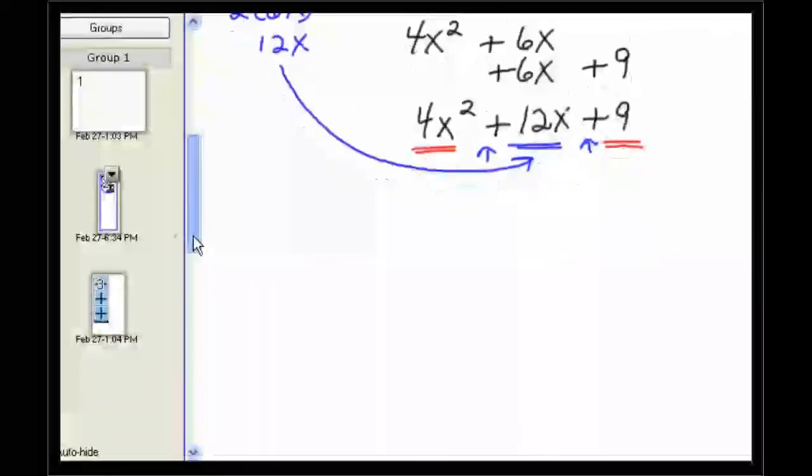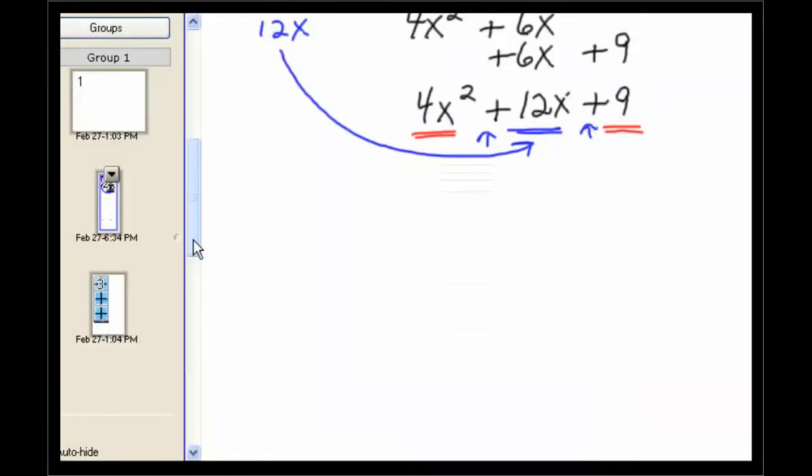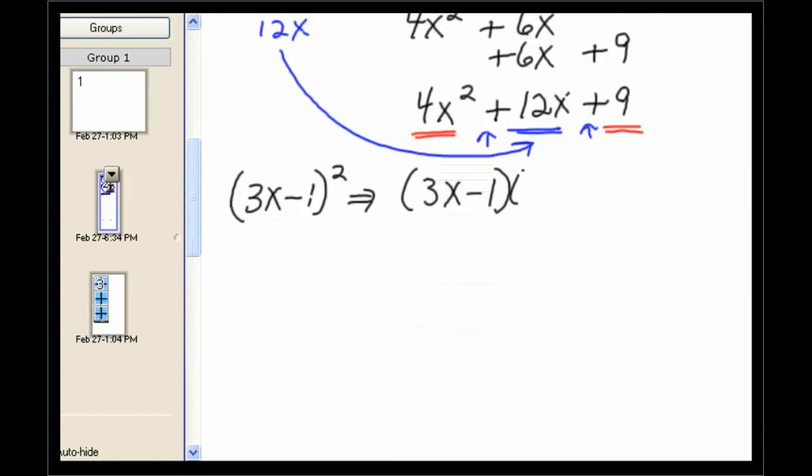Let's look at squaring a binomial that's a difference. So we can take 3x minus 1 squared, which means we have 3x minus 1 times 3x minus 1.